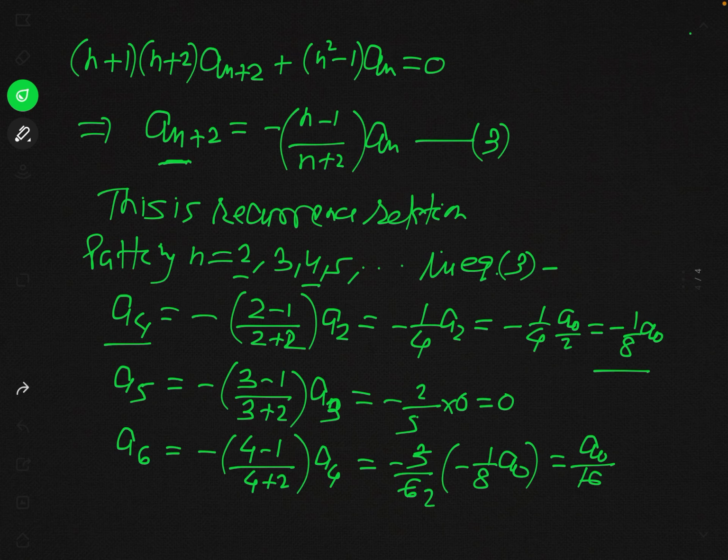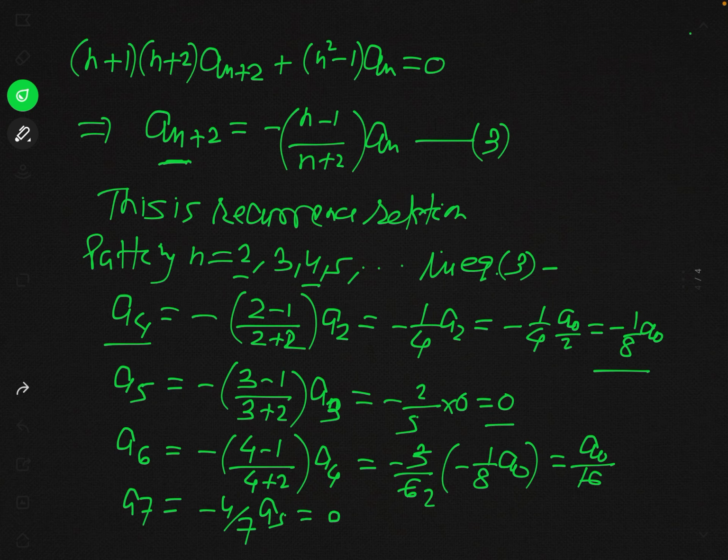Similarly, you can get the value of a7. For a7 we take n equal to 5, and you will get minus 4 by 7 a5. As you have found a5 equal to 0, this will be 0.